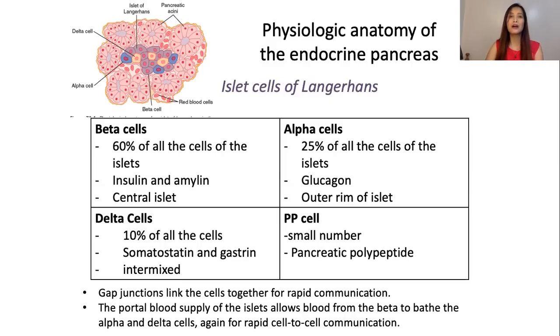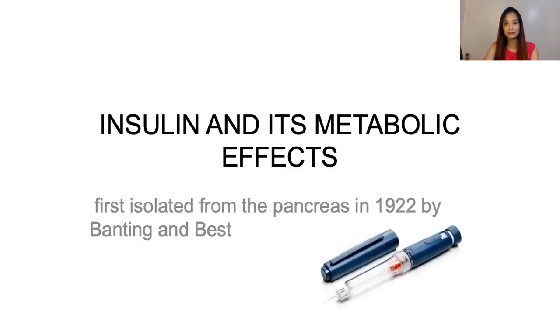Your glucagon can suppress insulin, while your somatostatin can suppress both your insulin and your glucagon secretion, and so on and so forth. And the portal blood supply of the islets allows blood from the beta cells to bathe the alpha and delta cells, again for rapid cell-to-cell communication.